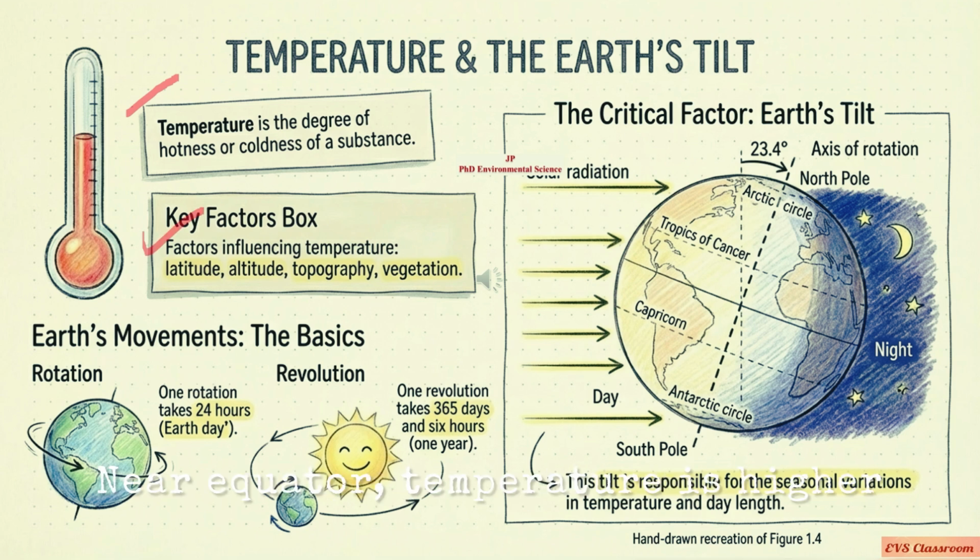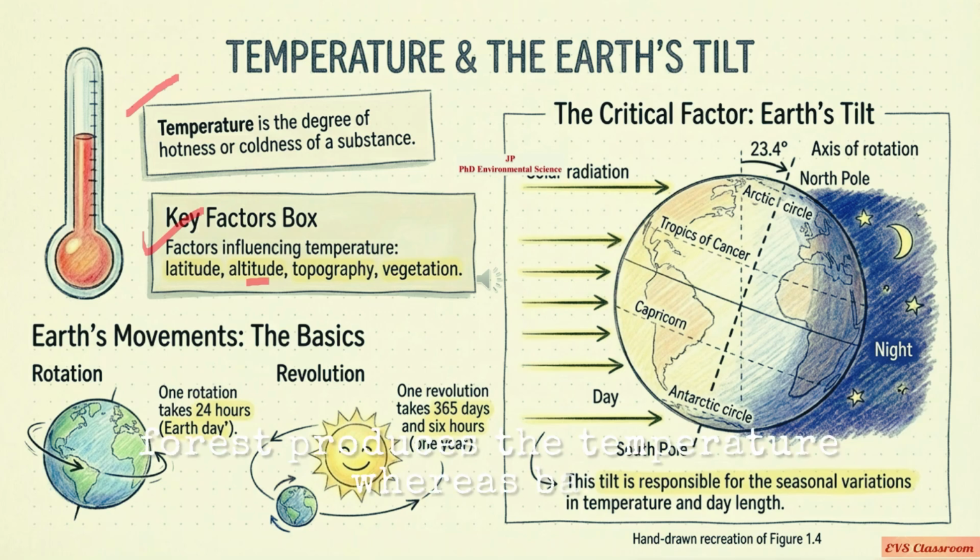Near the equator, temperature is higher. Then altitude: temperature decreases with height. This is why mountains are cold. Vegetation: forest reduces the temperature, whereas bare land heats up faster.